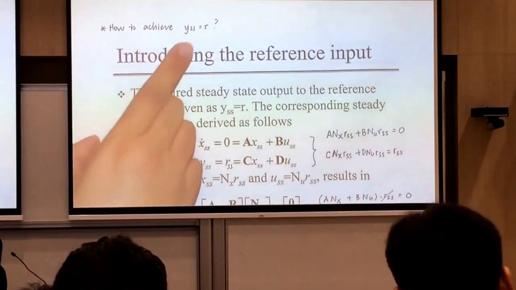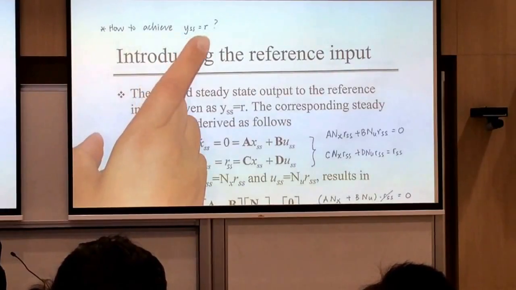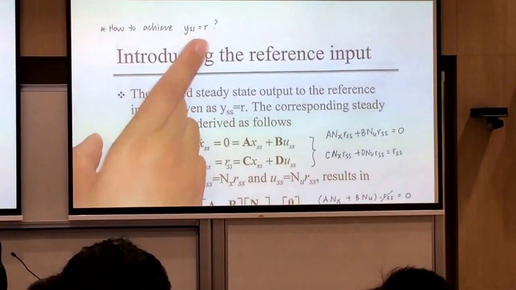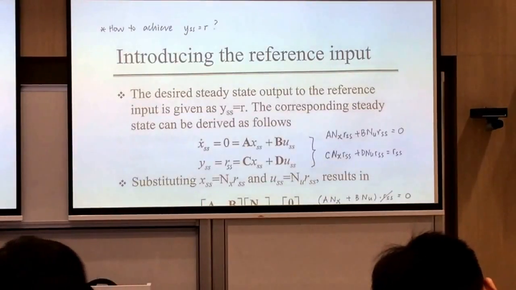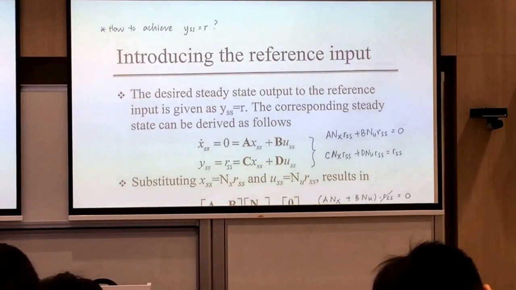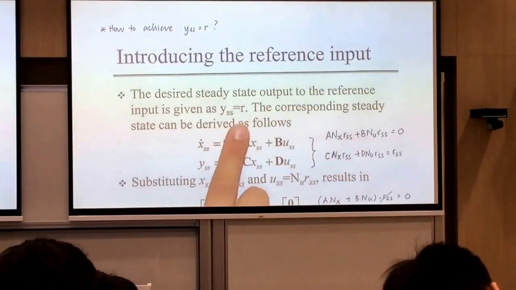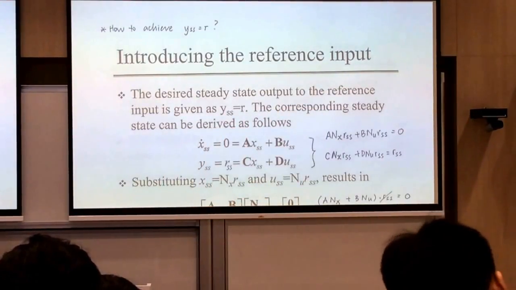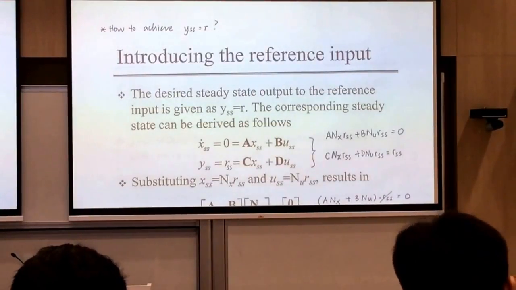How to achieve this? Output equals reference input R. The desired steady state output to the reference input is Y_SS equals R. So if you want the steady state output to be R, you look at everything in steady state.